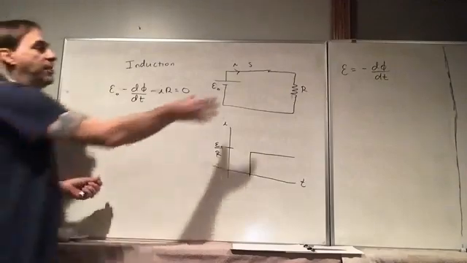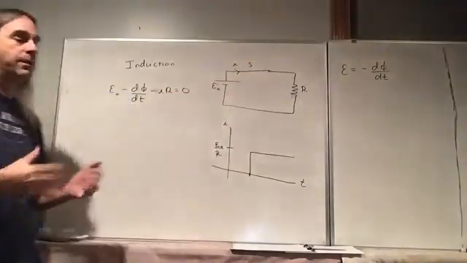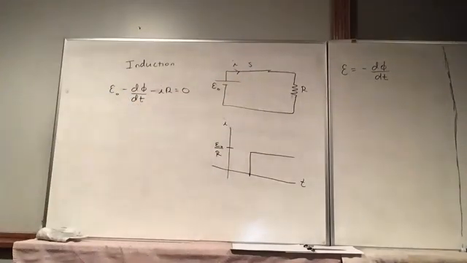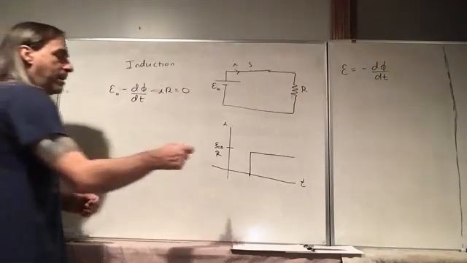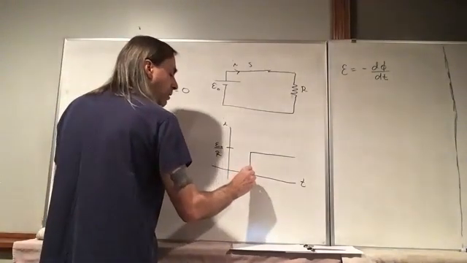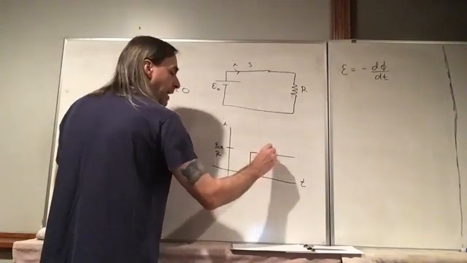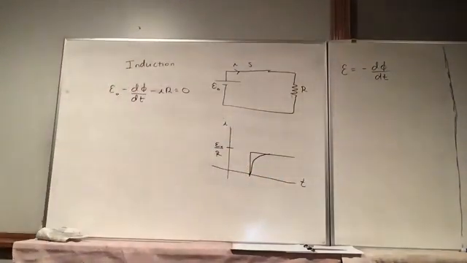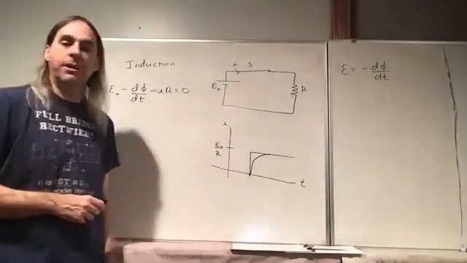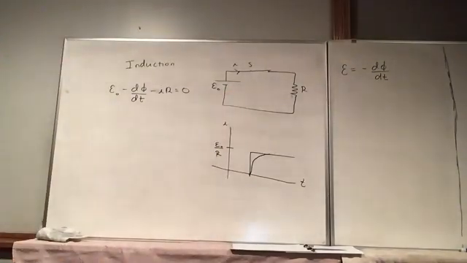As the current changes, the magnetic field increases, and we'd have a rapidly increasing flux in our loop. So in reality, when we close the switch, we're going to get something that looks like this. For a circuit like this it happens extremely quickly, just not instantaneously.